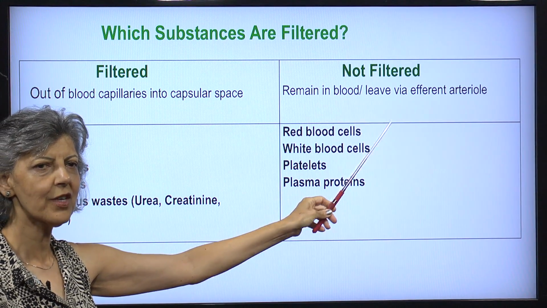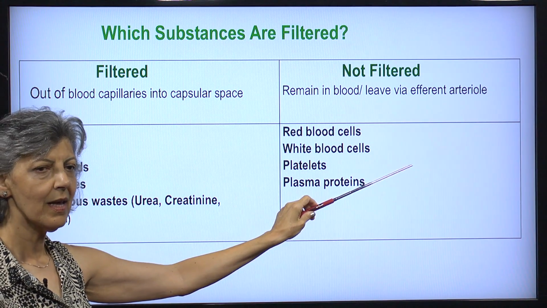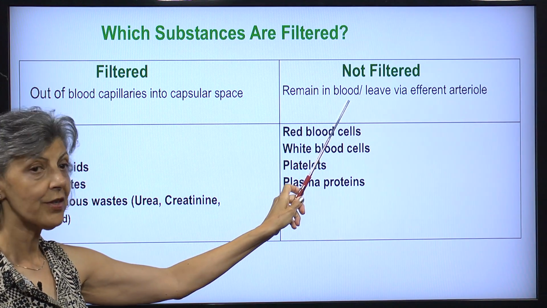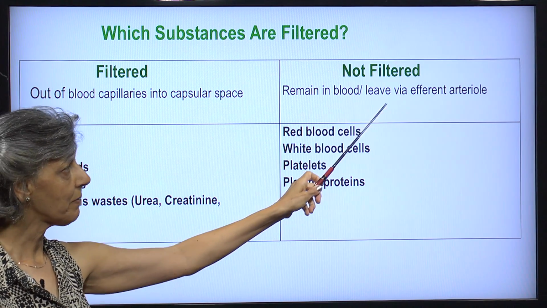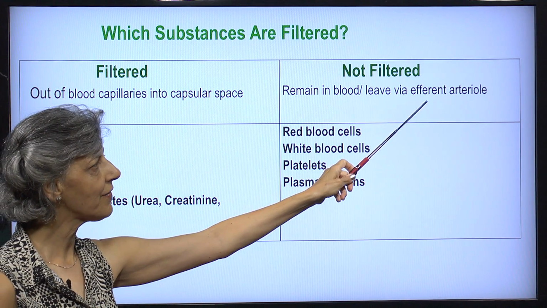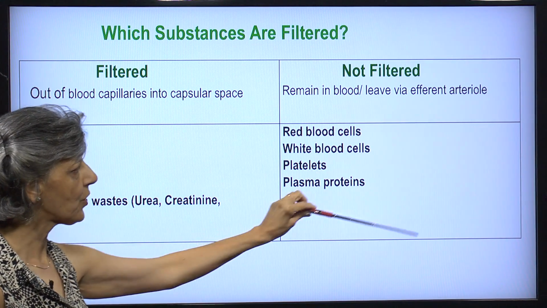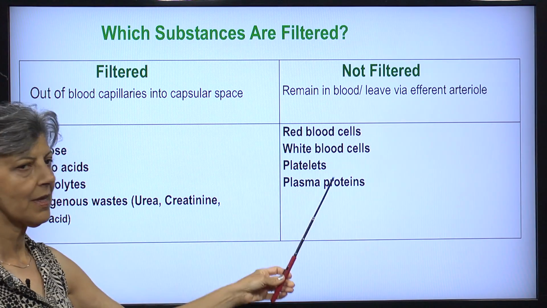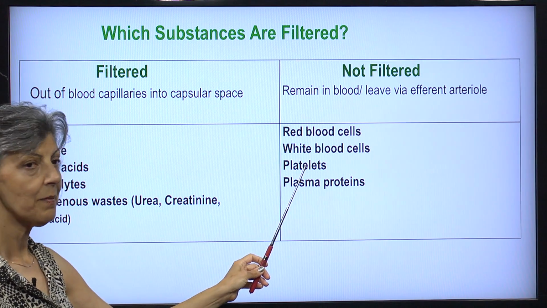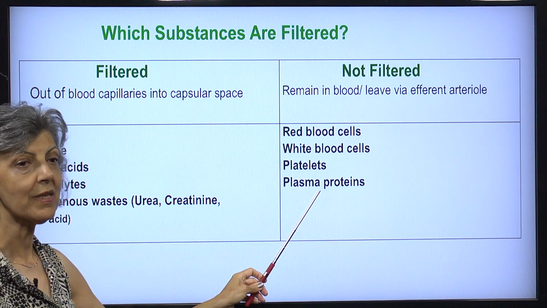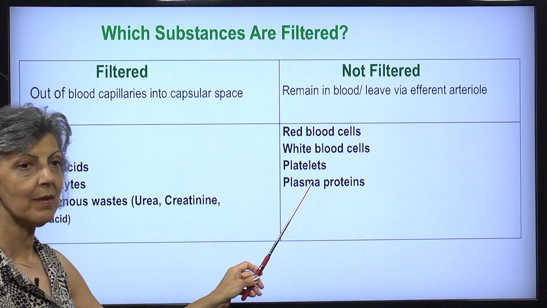They will never leave the blood compartment. They will come in through the afferent arteriole, circulate in the capillaries, remain inside the blood, and leave via the efferent arteriole. What are these substances? They are large. Red blood cells, white blood cells, platelets, all the plasma proteins, they remain in the blood.